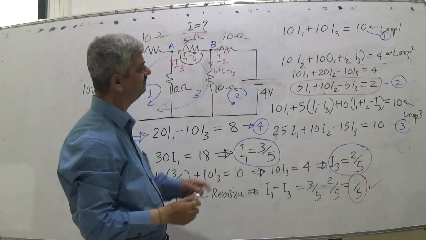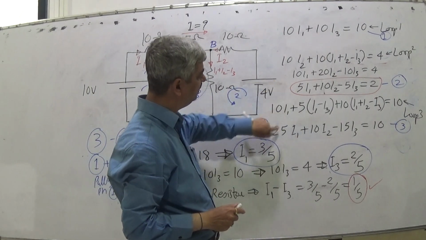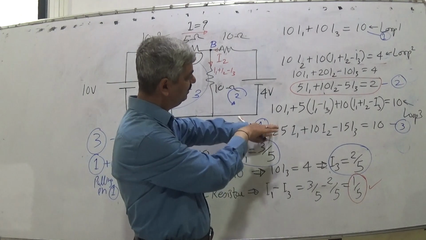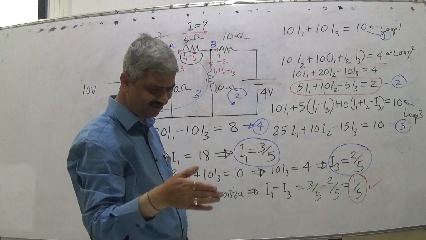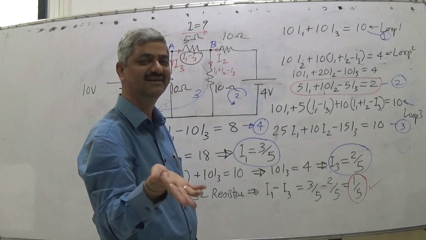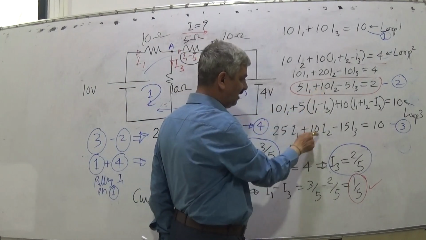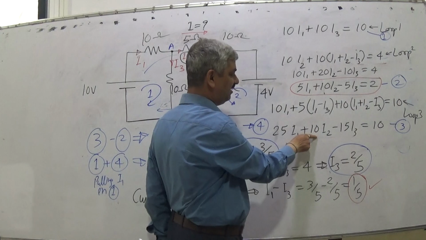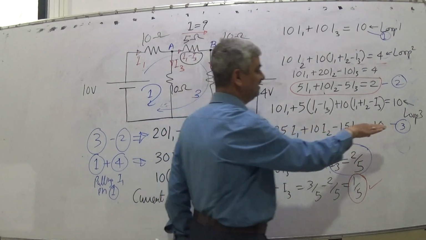Then you say, here you got something, you simplified it here again, here you got something, why did you not divide it by 5? That is something, again this technique is irrelevant today. You have computers, but when computers were not there, such skill sets mattered. I have 10 I2 here, I want to eliminate it. I also have 10 I2 here. So there is no need for me to divide it and again multiply. So I marked it as equation 3.